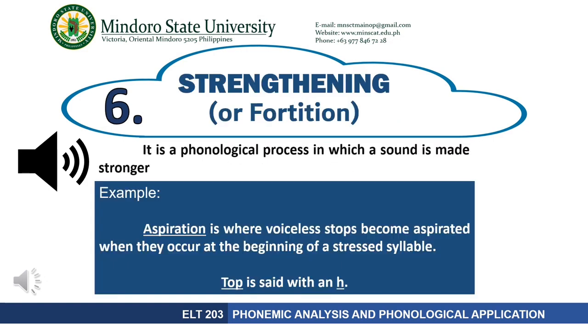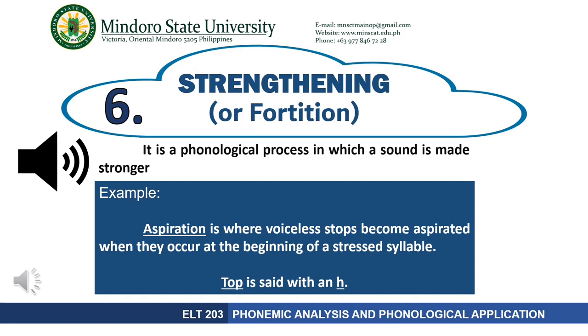Then we also have the sixth type of phonological rules, which is strengthening or fortition. It is a phonological process that strengthens consonant articulation at the beginning of syllables. It makes the sound stronger.